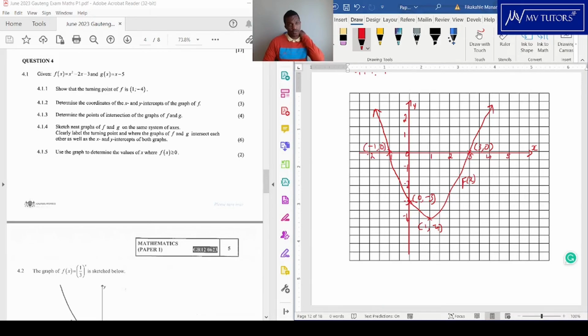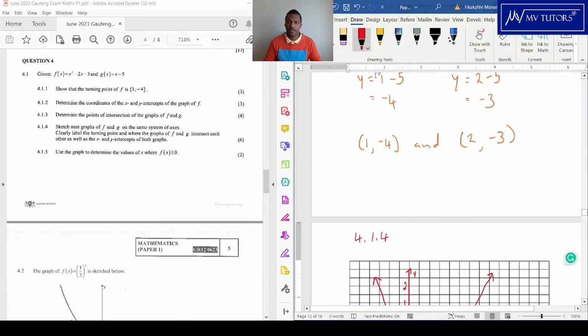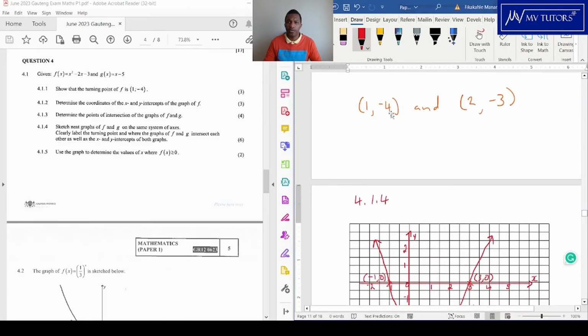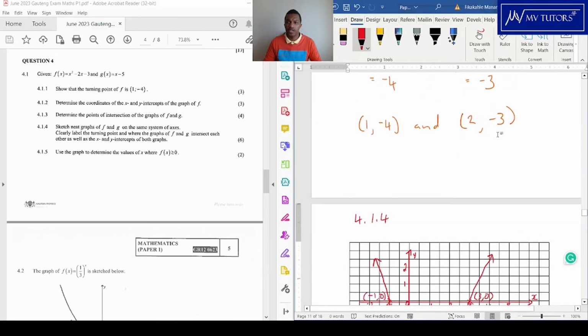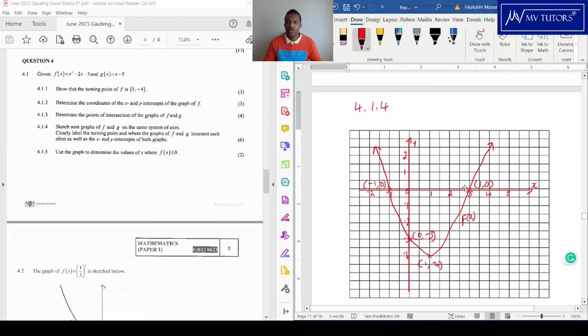Now let's draw g of x. First of all, we know that they intersect at 1 and minus 4. And then they'll also intersect at 2 and minus 3. 2 and minus 3 is right over there, which means my graph should actually pass there.